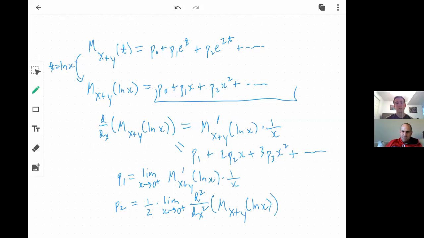Does that make sense? What do you think the formula would be for p sub k? You care to take a guess? Would that be 1 over k factorial? Yeah, 1 over k factorial times the limit as x goes to 0 from the right of the kth derivative of that thing. Okay. So that would be one way to pull it off.